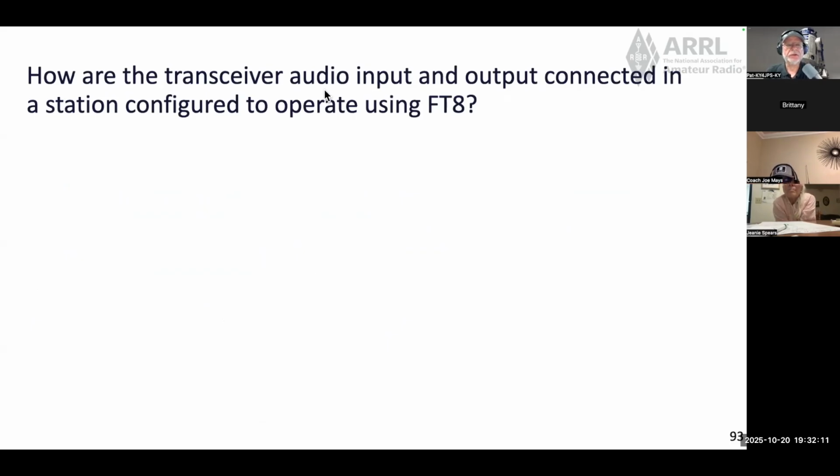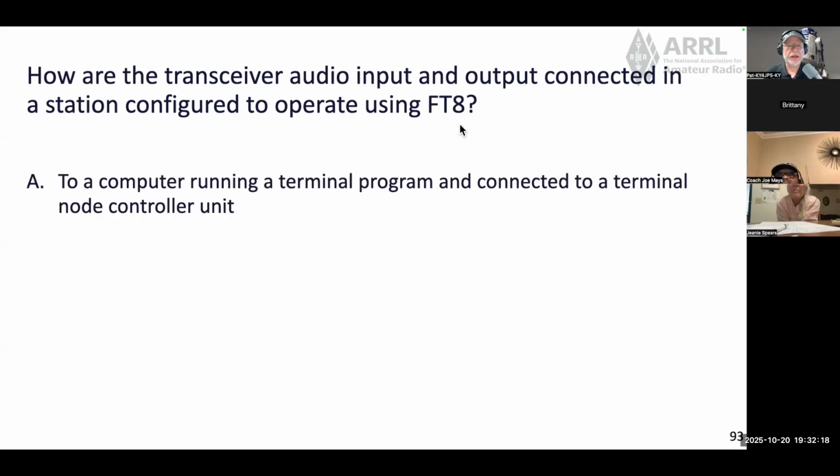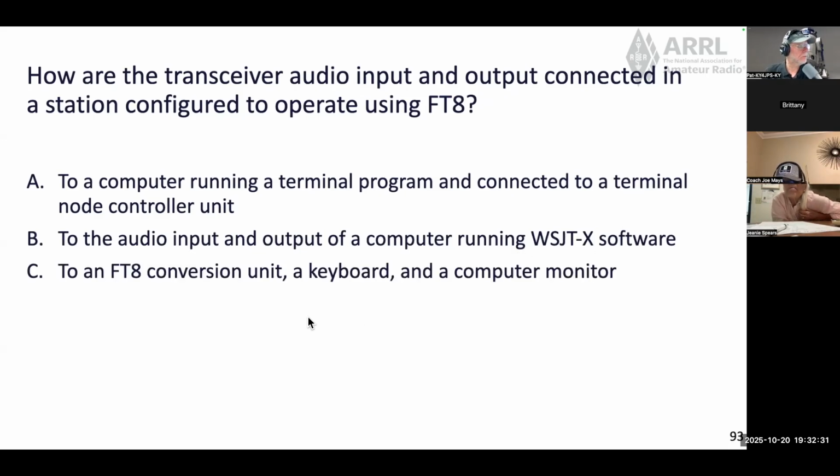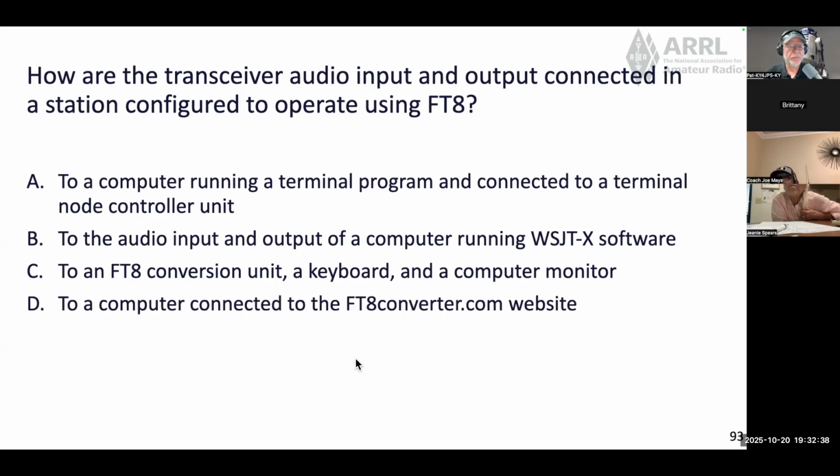How are the transceiver audio input and output connected in a station configured to operate using FT8? To a computer running a terminal program and connected to a terminal node controller unit? I'm going to tell you no. To the audio input and output of a computer running the WSJT-X software? To an FT8 conversion unit, a keyboard, and a monitor computer? To a computer connected to the ft8converter.com website?